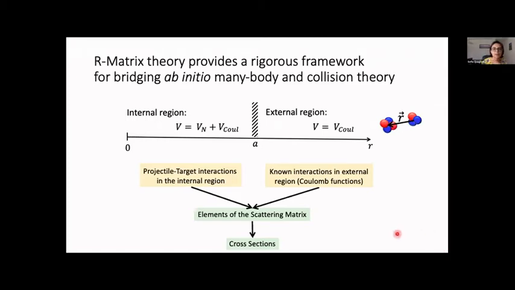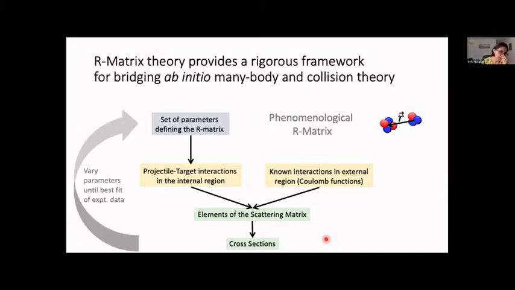In the internal region we need to parameterize the solutions of the system, and if we can match the solutions at the channel radius, from it we can extract the elements of the scattering matrix, and from it compute the cross sections.